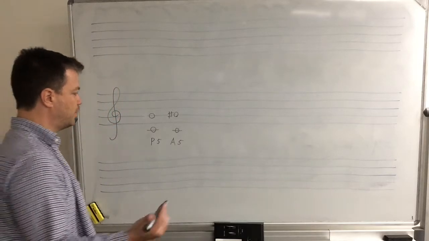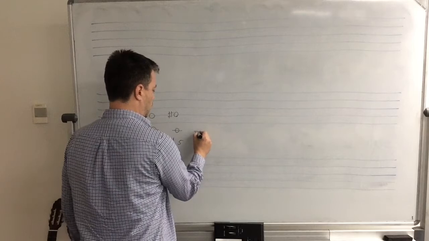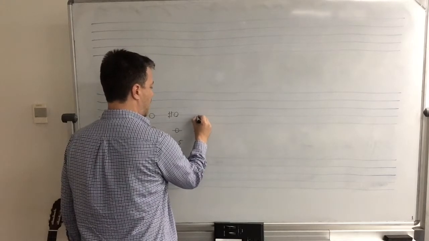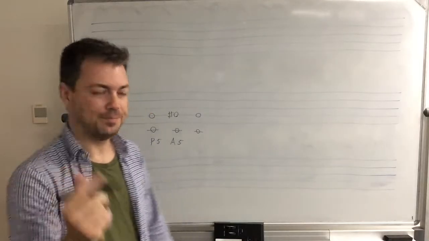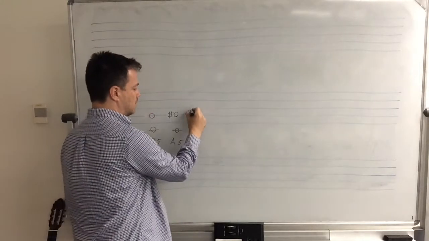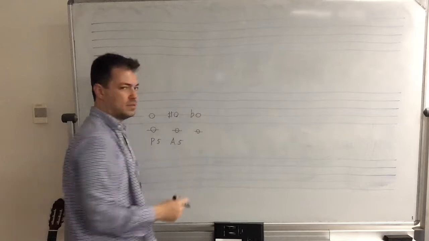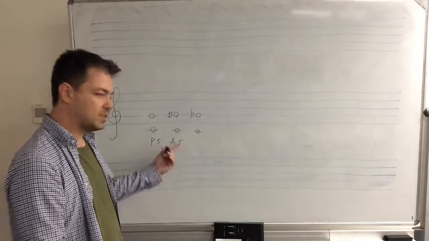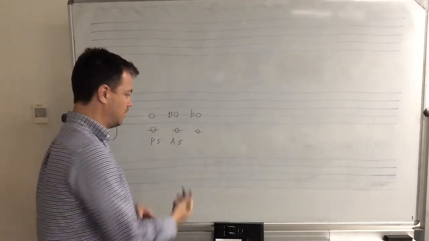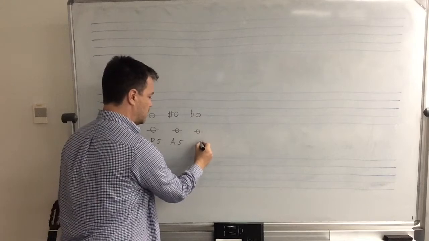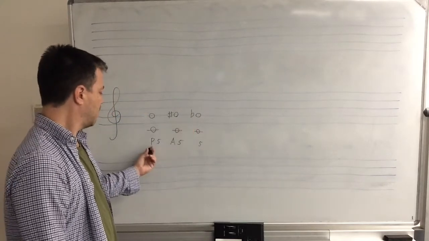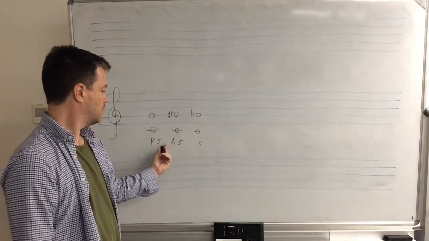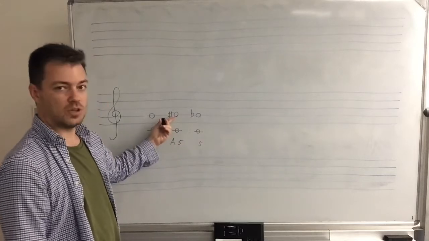If instead of adding a sharp, what's the opposite of a sharp? It's a flat. If we add a flat, it does something different again. Once again, it's still a fifth. If you count the notes, you'll still count to 5. But it goes from perfect, so if we raise it with a sharp, it goes to augmented.